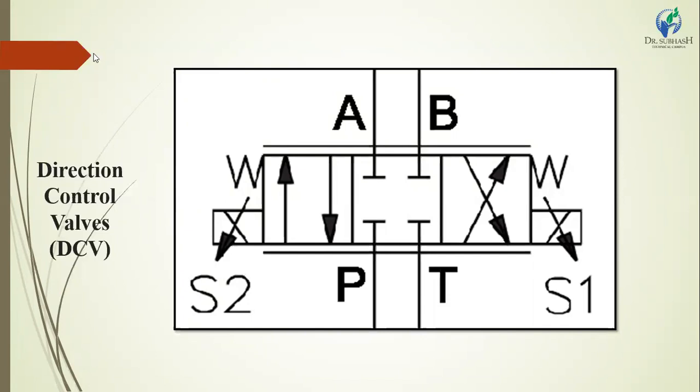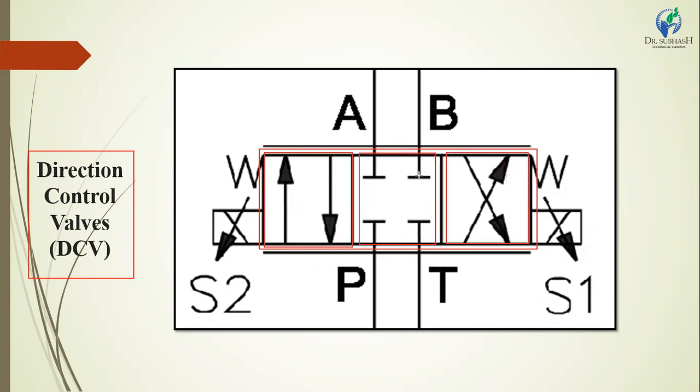DCV: the name is direction control valve. Here, one direction control valve is shown as a square block. There are three blocks inside the diagram: block 1, block 2 and block 3.